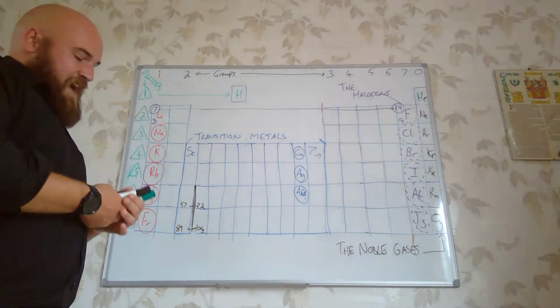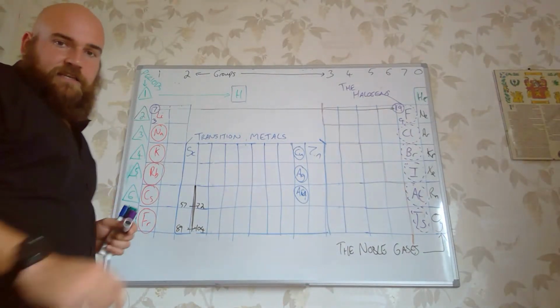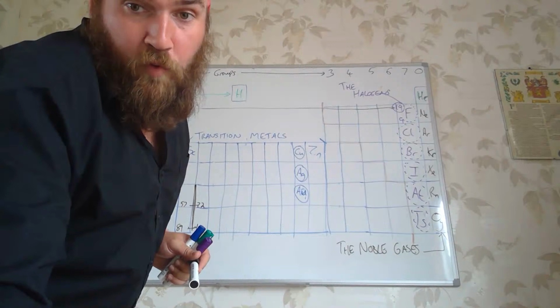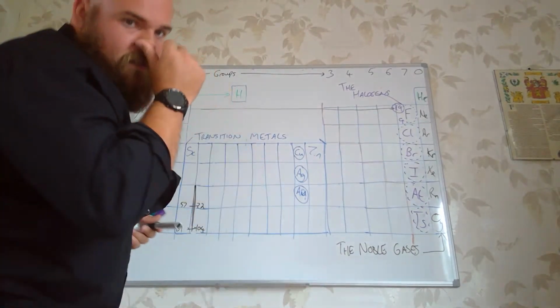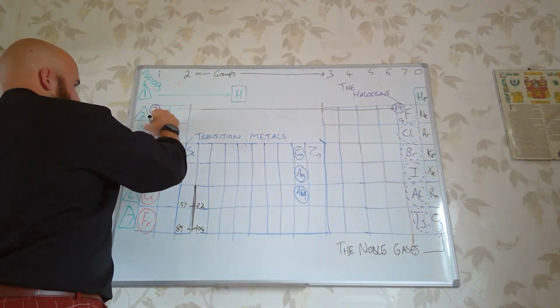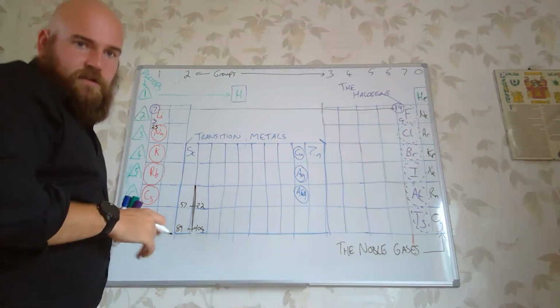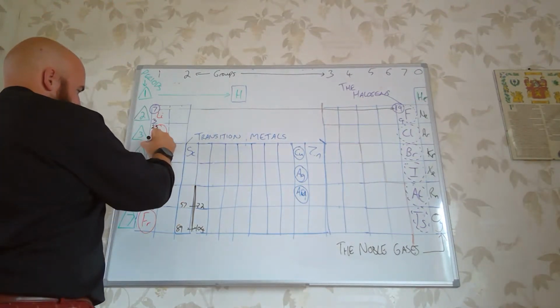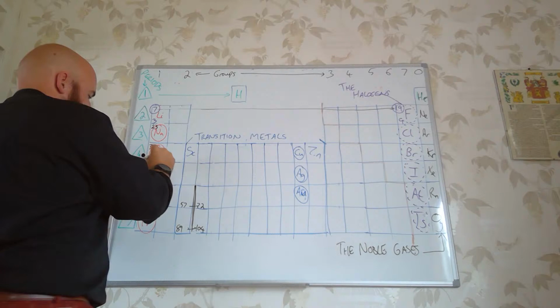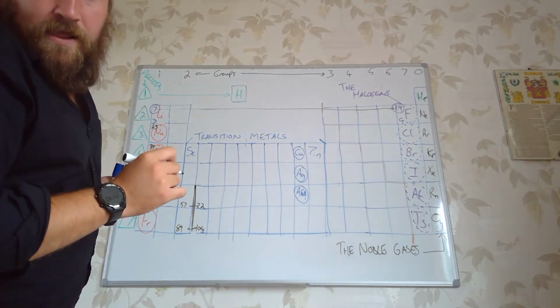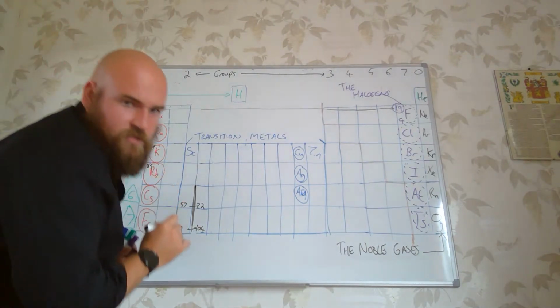If we were to do that down a group, so let's look at group 1. If I put all the mass numbers in, we've got 23, we've then got 39, 85, 133, and 223.